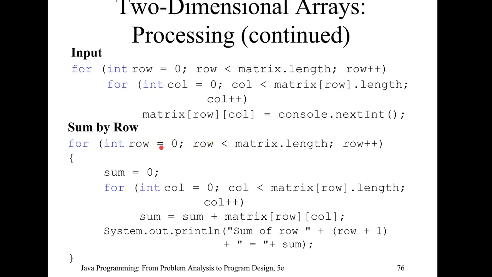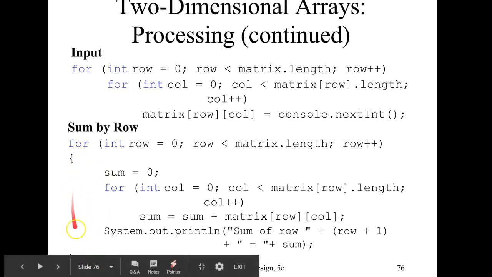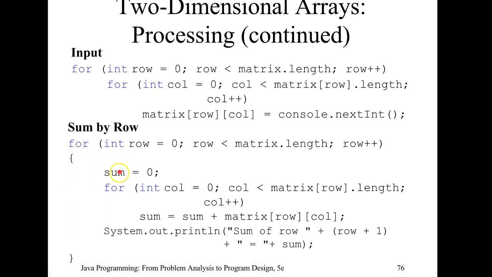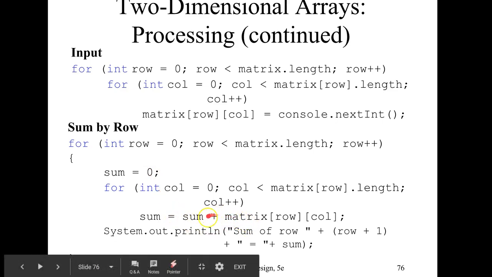A little different here, if I'm adding up all the elements in my array, this particular one, it looks like I am calculating a sum one row at a time. So in the outer loop, before I figure out the sum of that column, I set my sum variable to be 0. The way I will often write this code is I figure out what I need to do inside the inner loop.